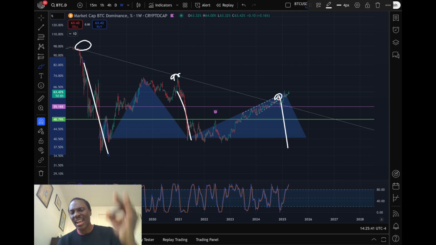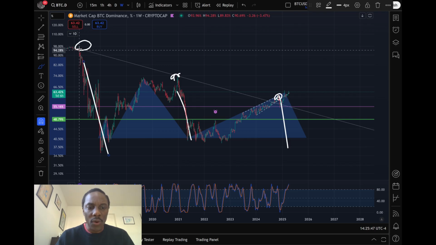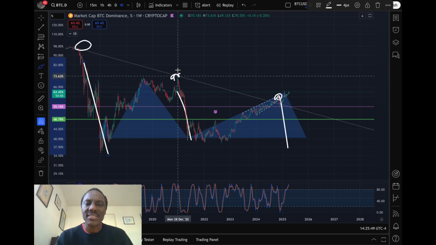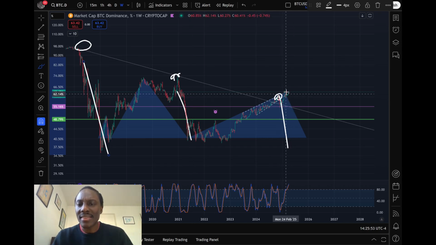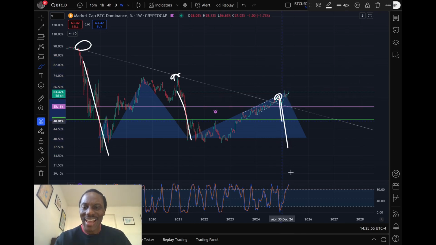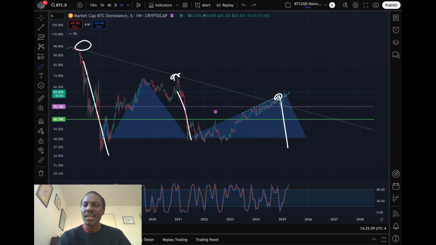Those are the 3 major alt seasons that we've experienced in cryptocurrency. The first of which was in March of 17, the second of which was in December of 20, and then this one, which should actually be bigger than the previous 2.